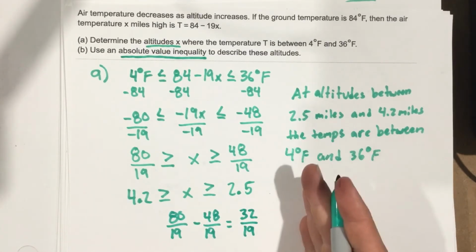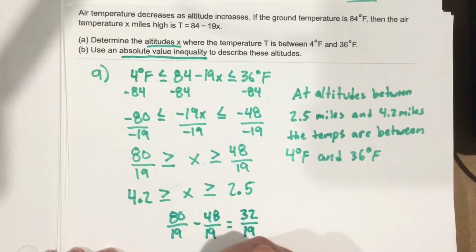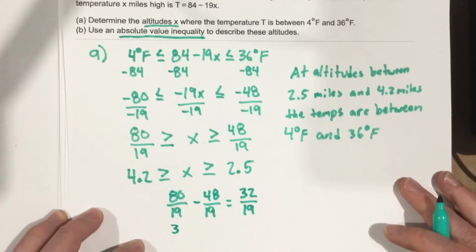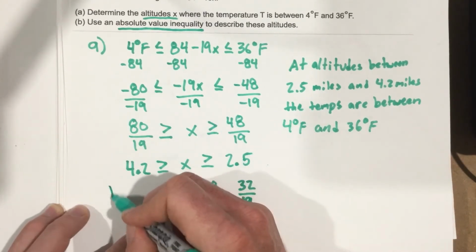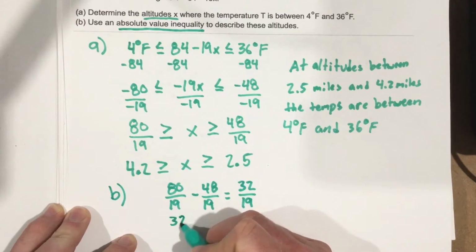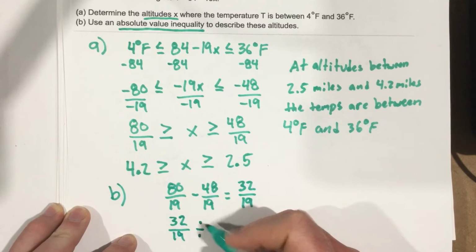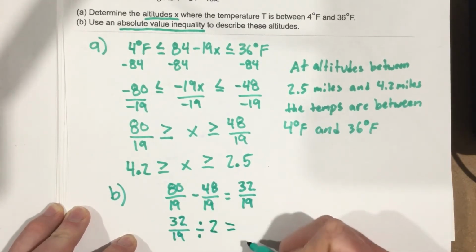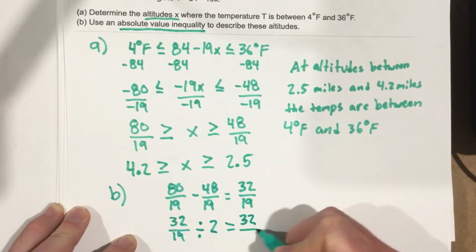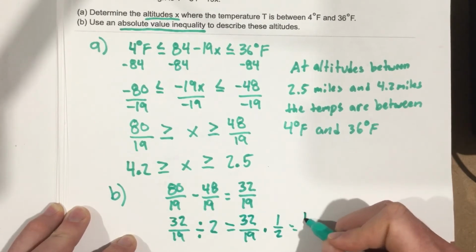So the halfway point between those is if we took 32 over 19 and divided it by 2. By the way, this is part B. We know that's saying 32 over 19 times a half, dividing by 2, and you end up with 16 over 19.